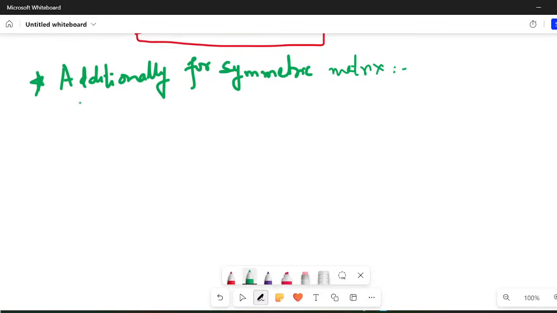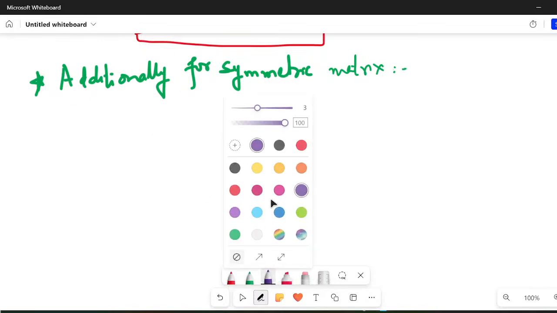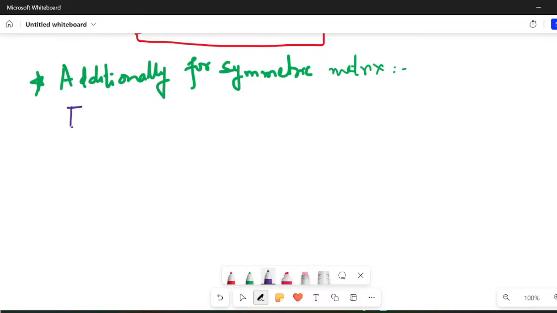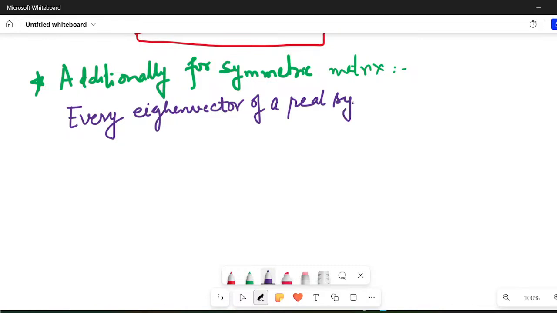I should write: every eigenvector of a real symmetric matrix can be chosen real.